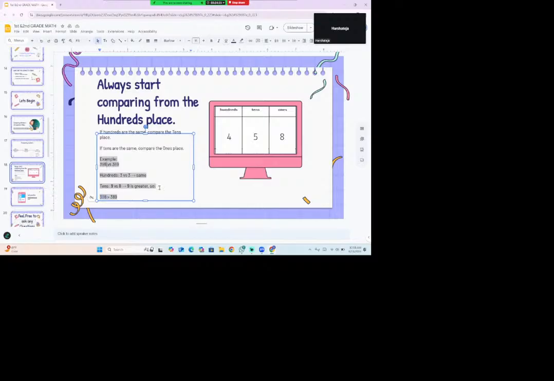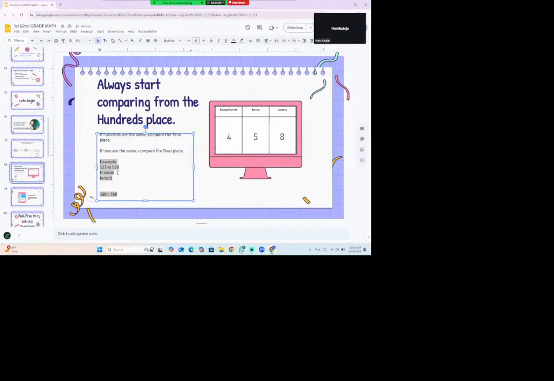I'll do another example. So say we had 533 and 539. We look at the hundreds place. They're both the same. We look at the tens place.